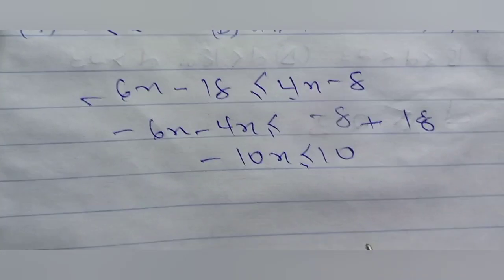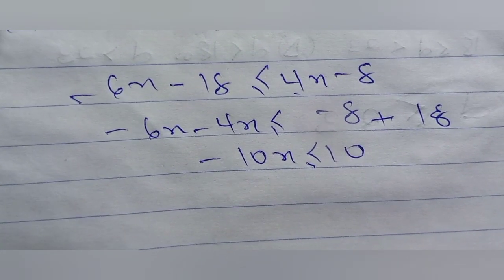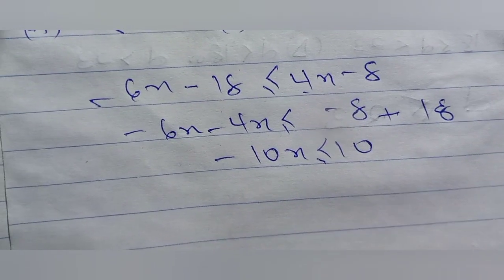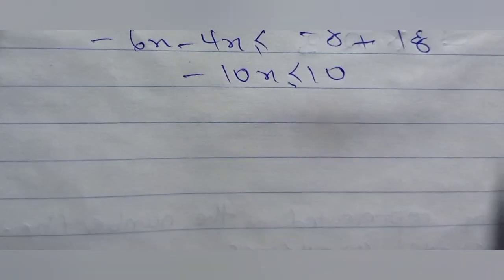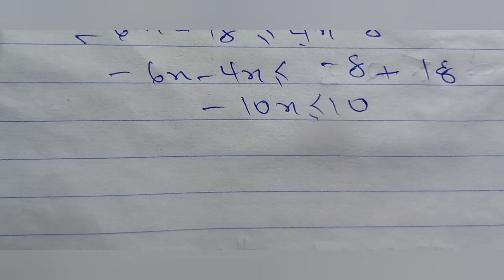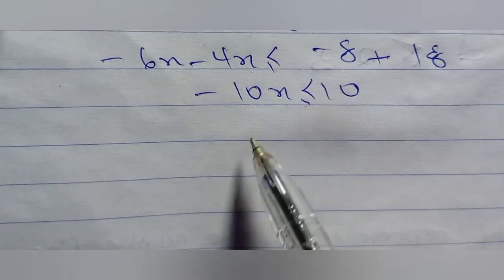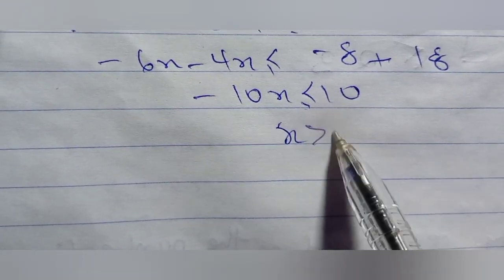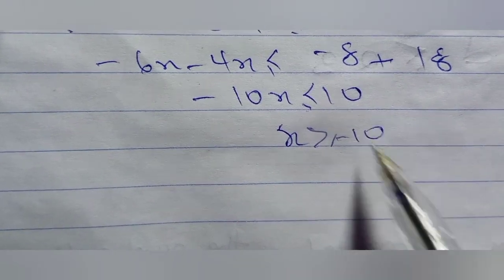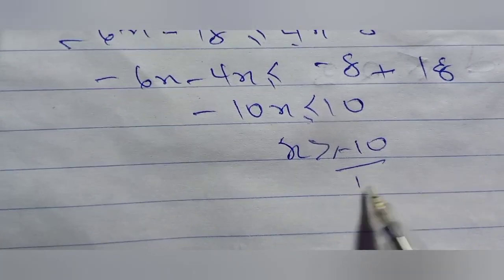So dividing through by a negative number, I told you earlier that the inequality sign here would surely change. So x now is greater than or equal to 10 over -10.